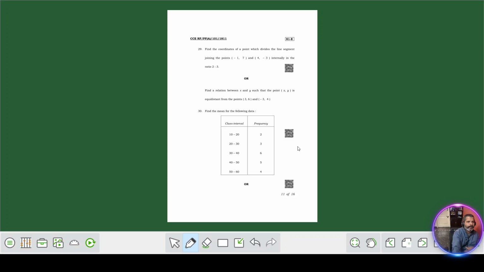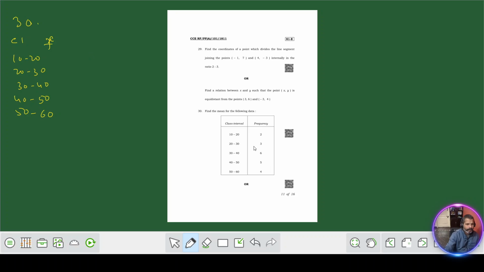Find the mean for the following data. 38th question. So Ci we have to write. Ci, F they have given. Ci is 10 to 20, 20 to 30, 30 to 40, 40 to 50, 50 to 60.